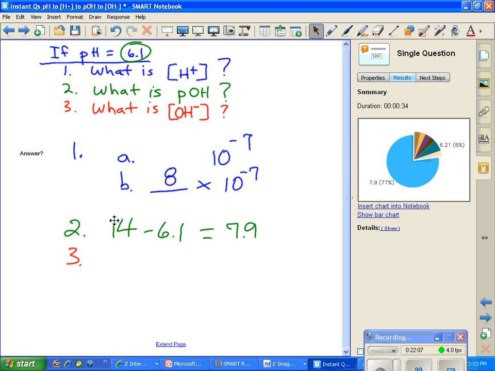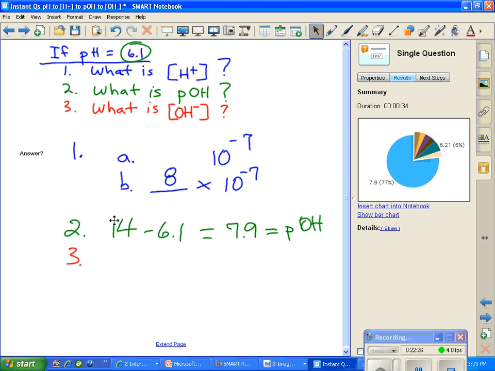And for number 3, hold on. What is this number? What's the 7.9 represent? Good. So this is equal to our pOH.